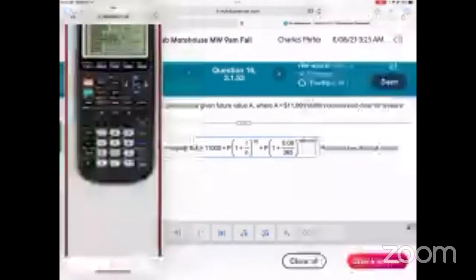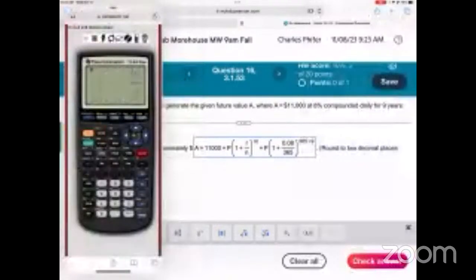Oh, I get an opportunity to type again, all right? 11,000 divided by, parentheses, okay? So now we're going to have 1 plus 0.08 divided by 365. Let's close off the parentheses.